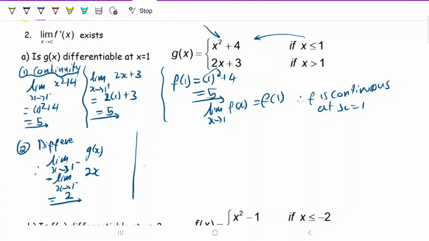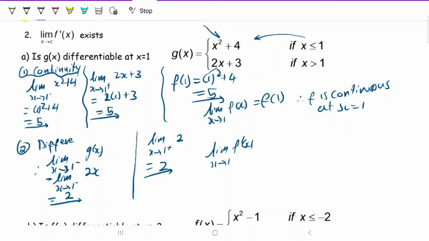Let's now try the right limit. The limit as x tends to 1 from the right of the derivative. The derivative of that function will just be 2, and therefore its limit is equal to 2. Now we can clearly see that the limit as x tends to 1, both from the left and the right, does exist.